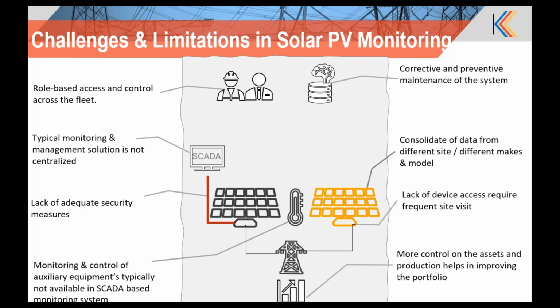So there should be role-based access control for each data or each asset across the fleet. There could also be site engineers allotted for different sites, who should have access to only the sites they have the privilege to. That kind of RBAC, role-based access control, is lacking in most of the monitoring systems.